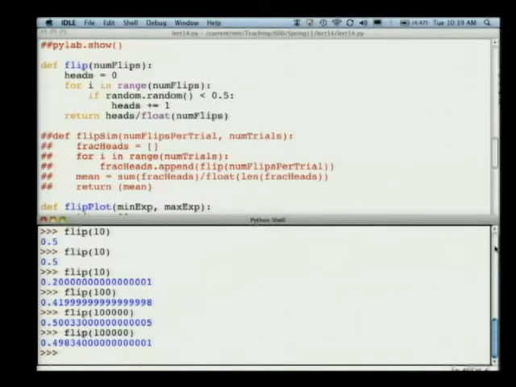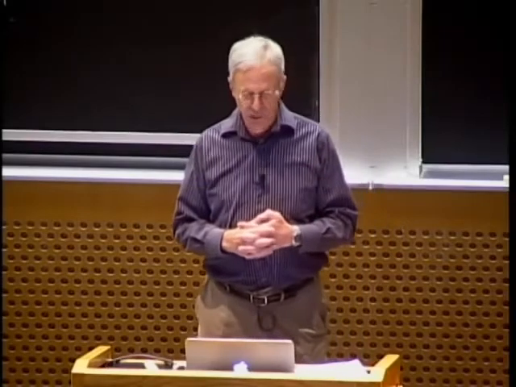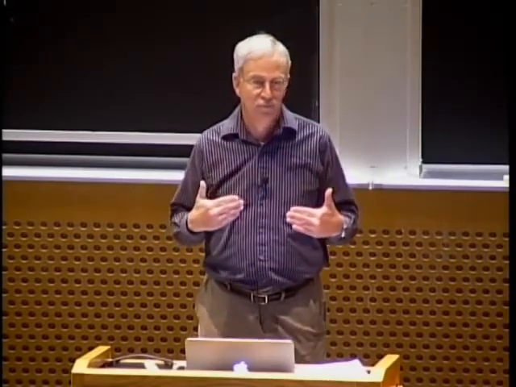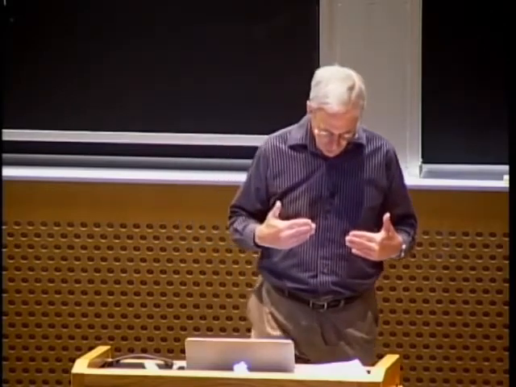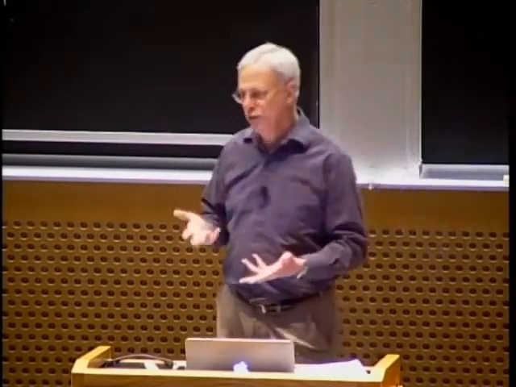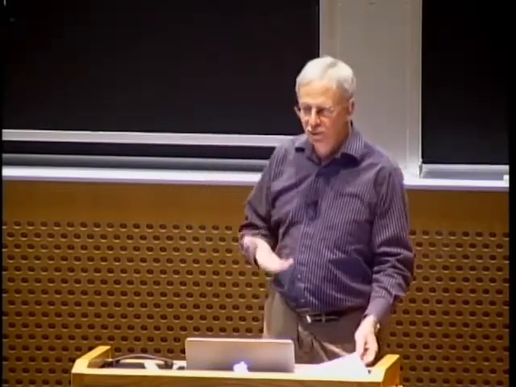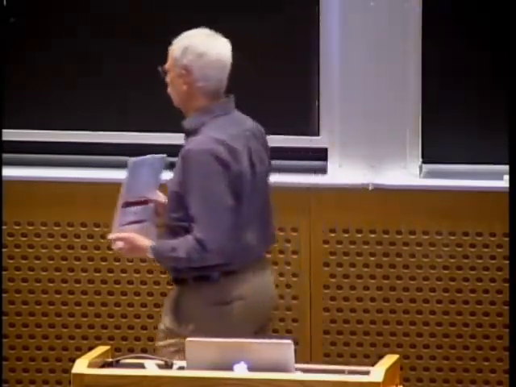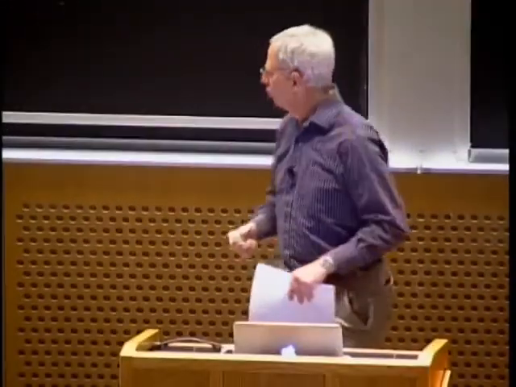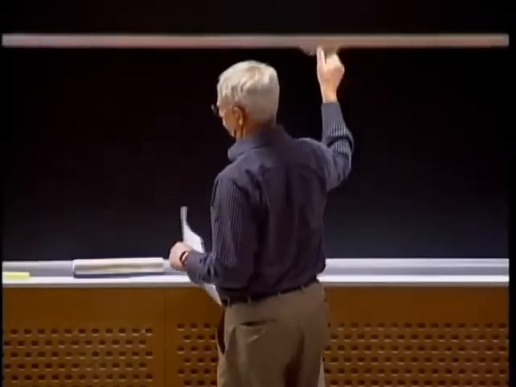I wouldn't even need to write the simulation if I knew the answer. But mostly I feel good about it because I'm getting kind of the same answer every time. Okay, and that's important. The more I do, the more stable it gets, the larger the number of trials. This is an example of what's called the law of large numbers.